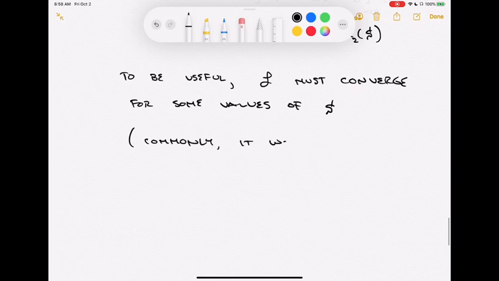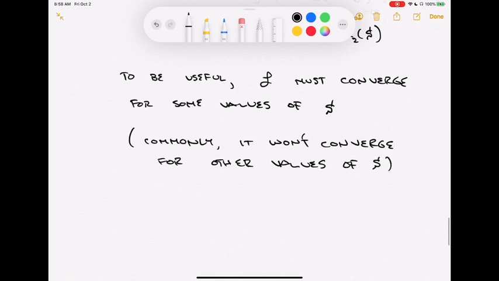It won't converge for other values of s, meaning it won't be finite. And sometimes it may not converge for any s.